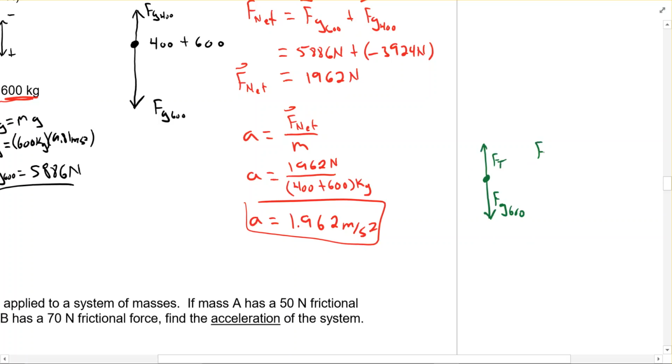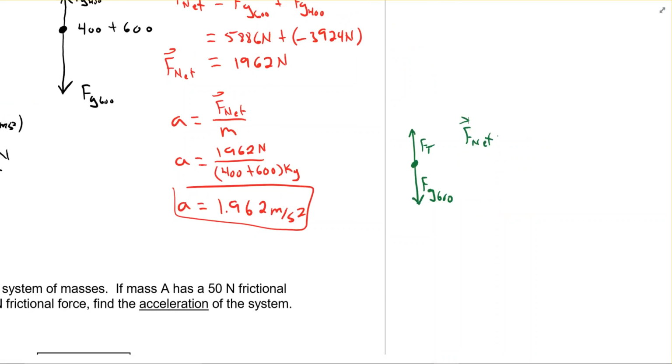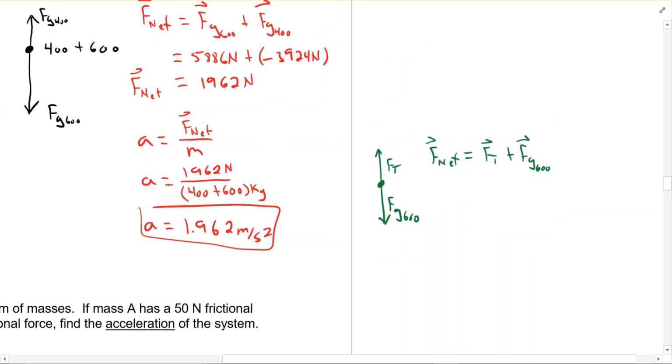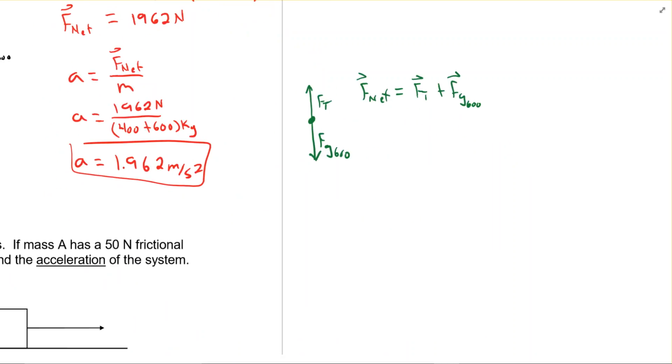So F net is going to be Ft plus Fg for the 600 kilogram one. We know Fg. We figured that out right off the bat. We don't know F net yet, but we can figure that out pretty easily.